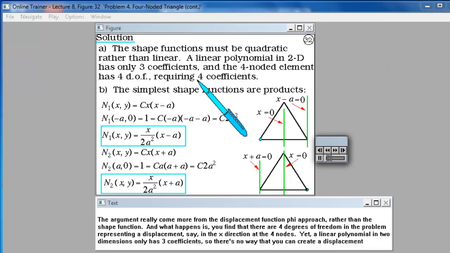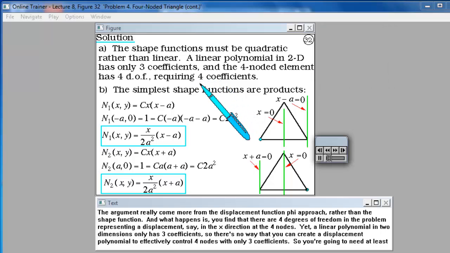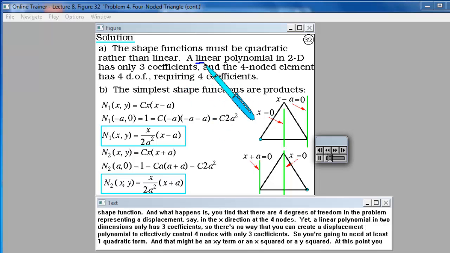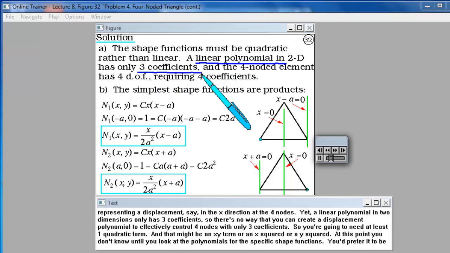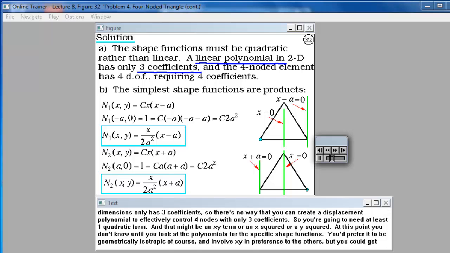And what happens is you find that there are 4 degrees of freedom in the problem, representing a displacement, say, in the x direction at the 4 nodes. Yet a linear polynomial in 2 dimensions only has 3 coefficients, so there's no way that you can create a displacement polynomial to effectively control 4 nodes with only 3 coefficients.